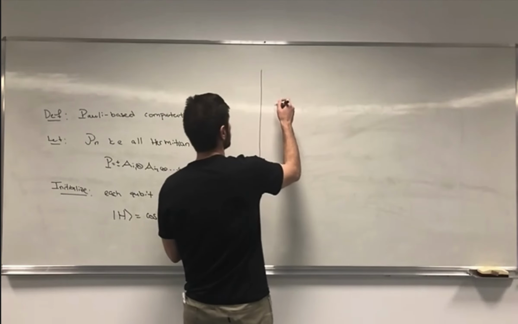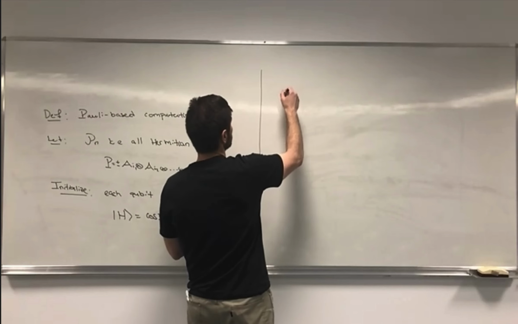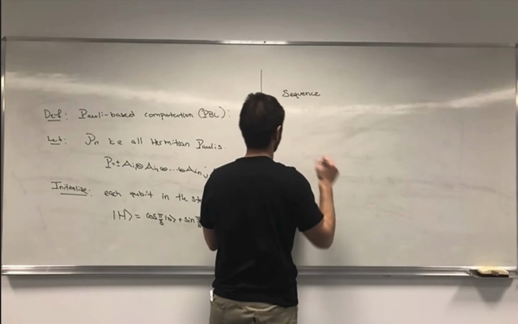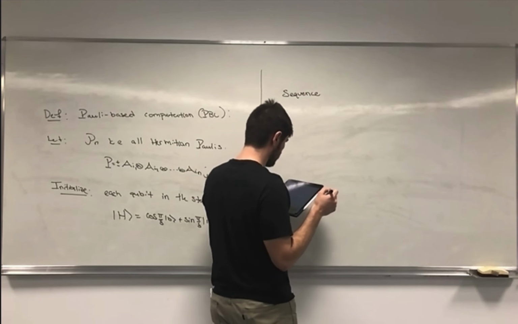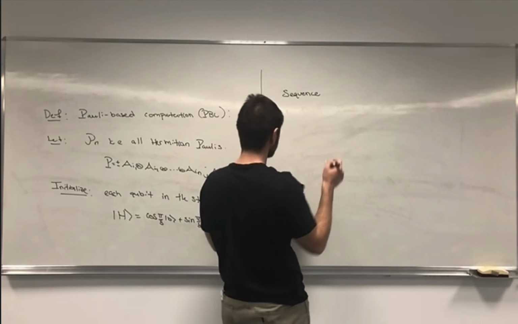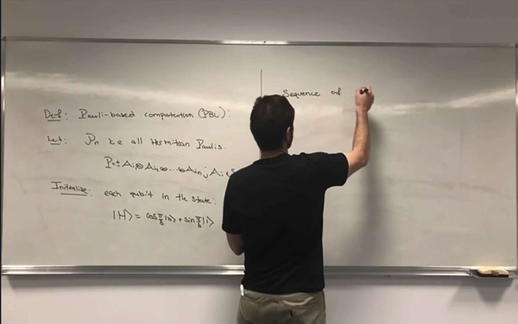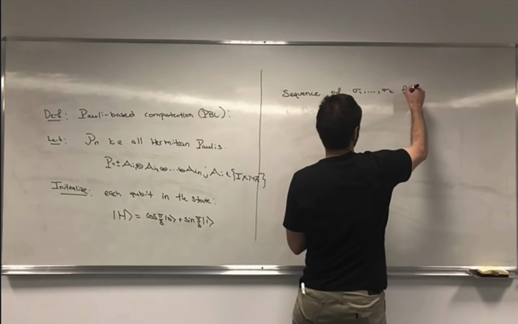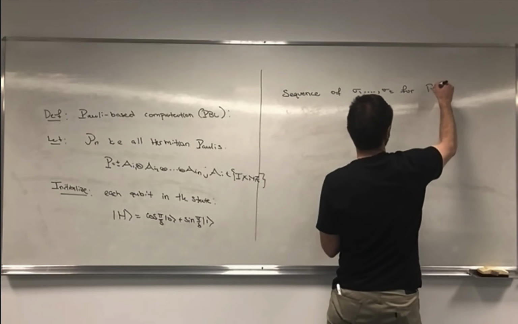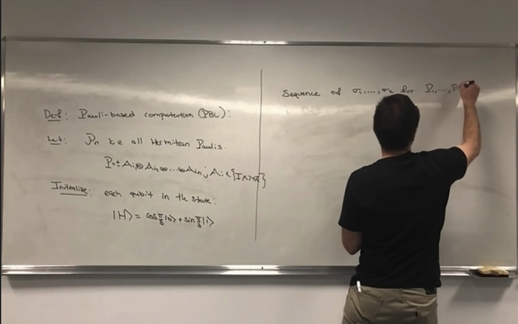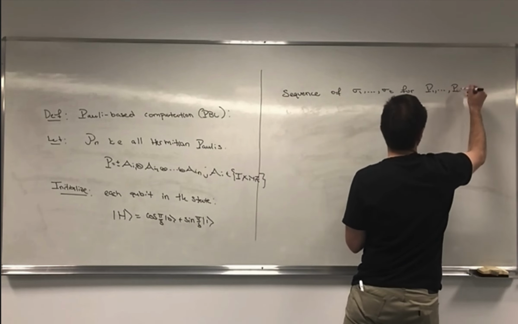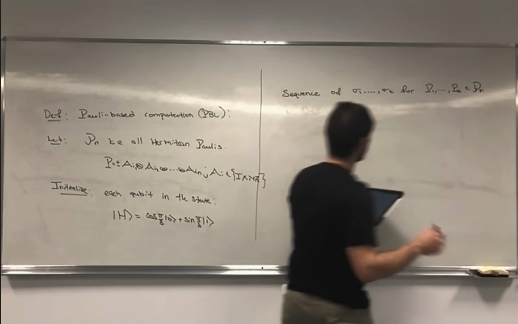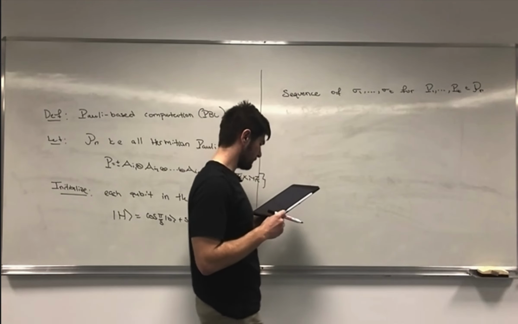So it proceeds by doing a sequence of measurements of some Paulis P_1 to P_t in our Hermitian Paulis, with outcomes sigma_1 to sigma_t.